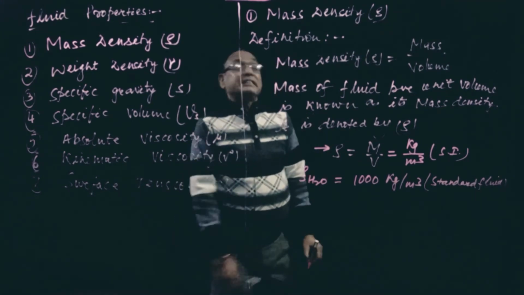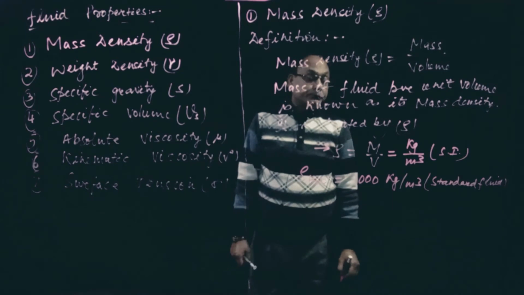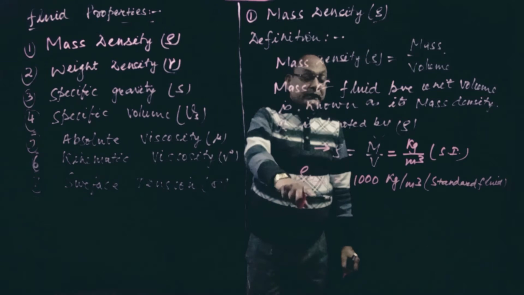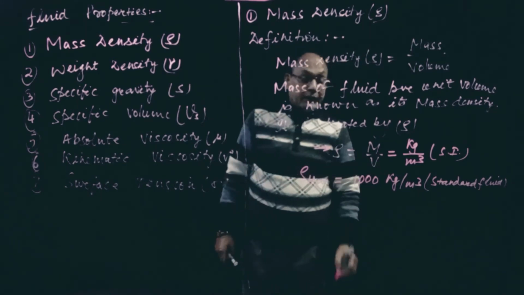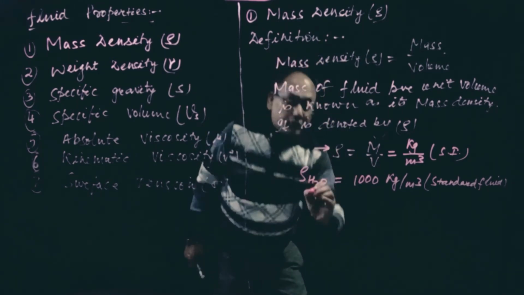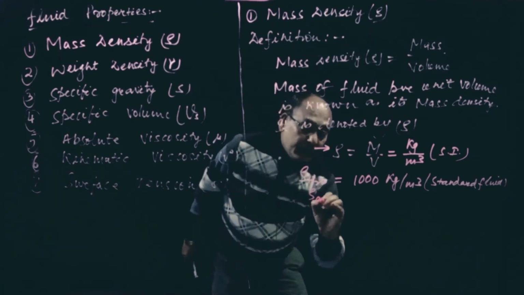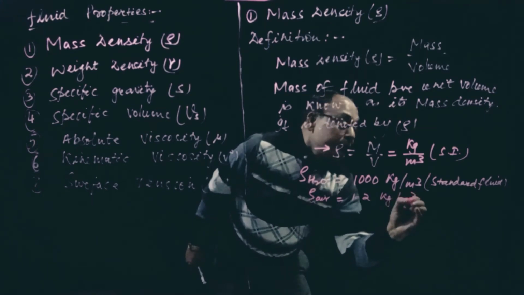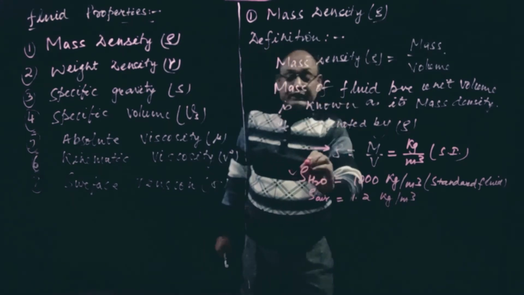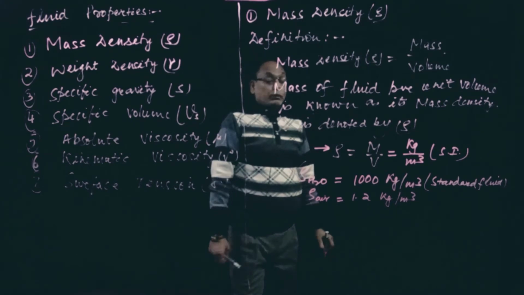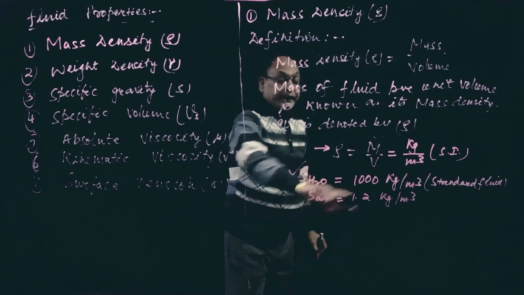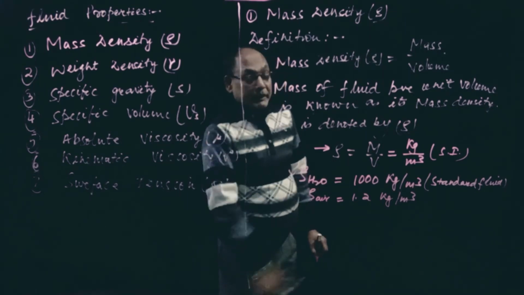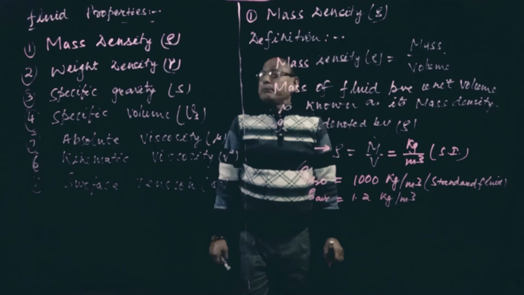This is for standard liquid, water, and for air also we can take 1.2 kg per meter cube. If it is not given, we have to assume these values. So this is about your mass density.